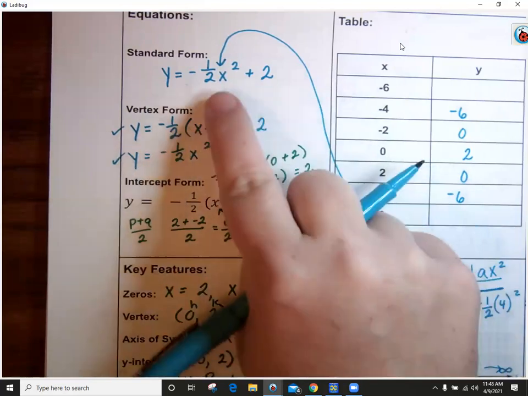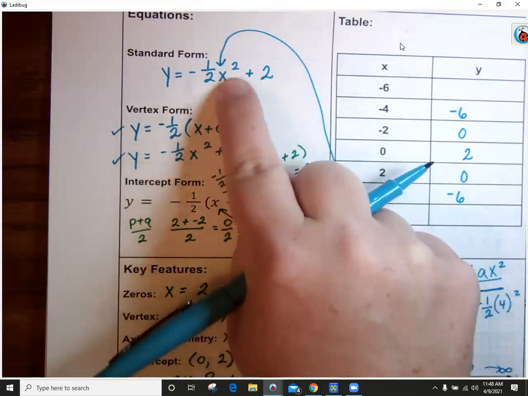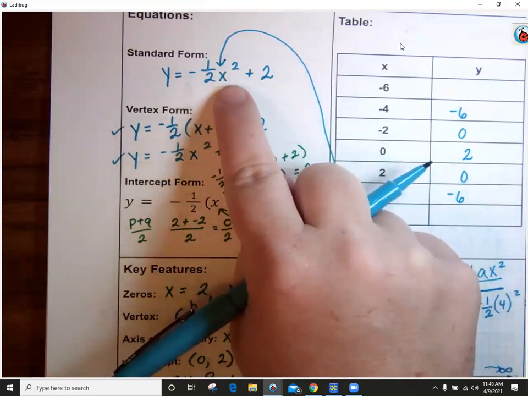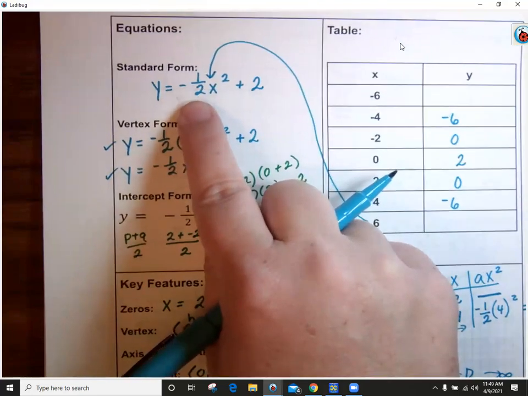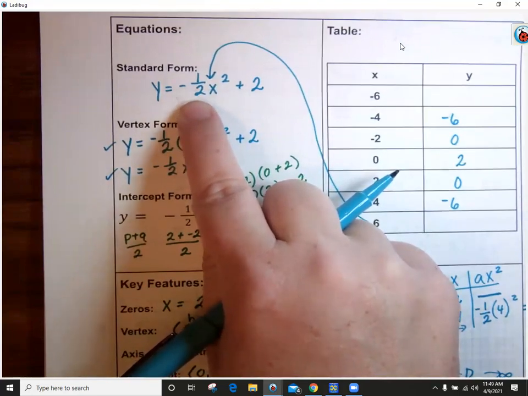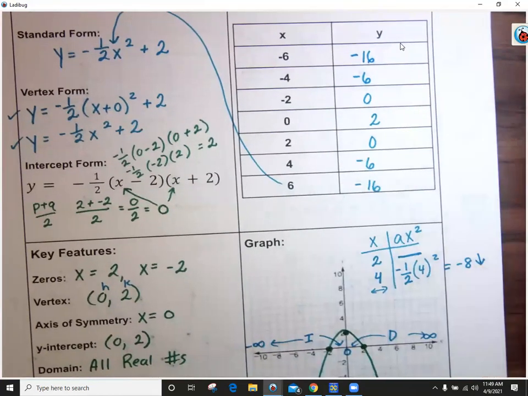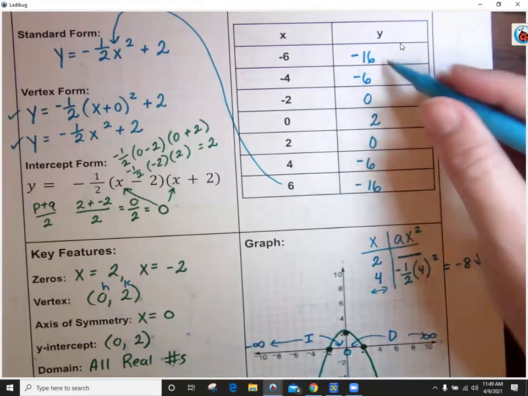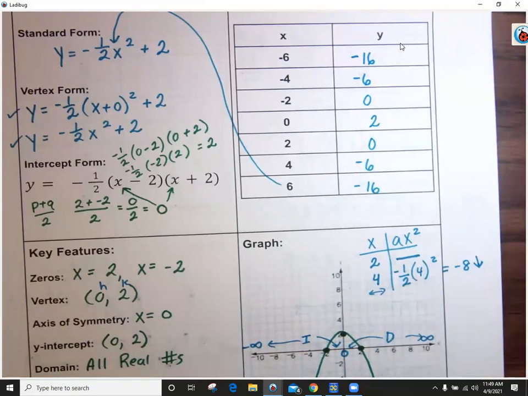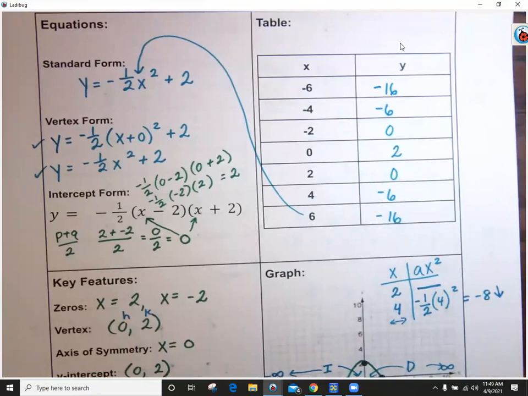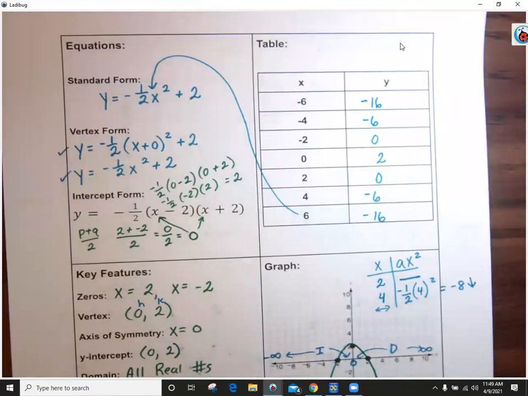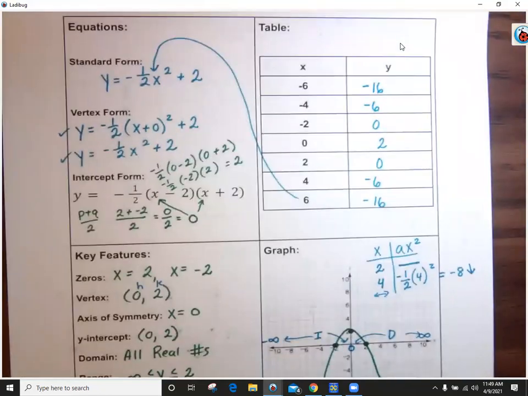And that would say 6 squared is 36. 36 times -1/2 is -18. And -18 plus 2 would be -16. And so that would give us our last two y values. And that's it.